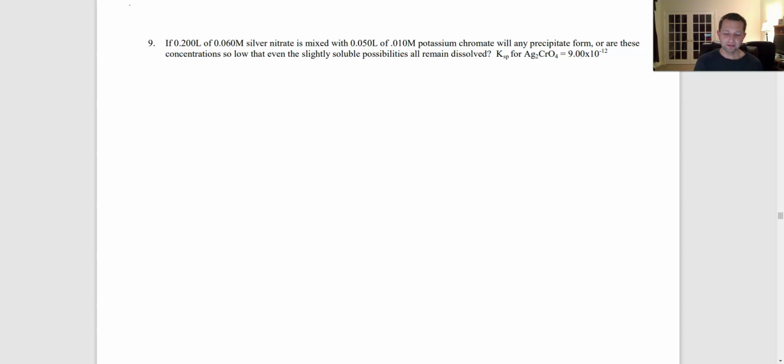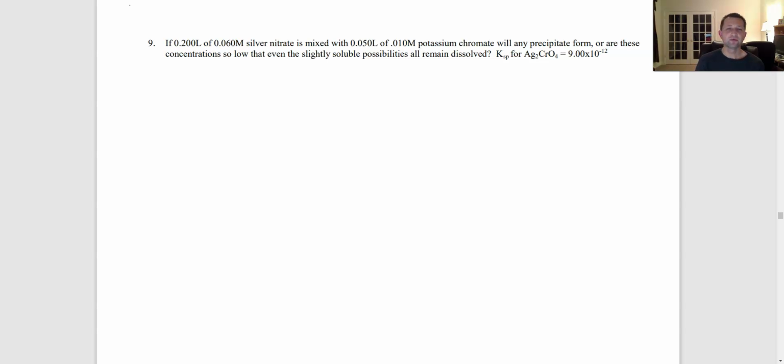So basically what this question is asking is, do you have enough ions present in solution to have that tiny bit dissolve and the rest stay together in the undissociated form as a solid precipitate? Or do you create such a small amount of ions that the compound will dissolve, create your ions in solution, and not have enough to precipitate out?